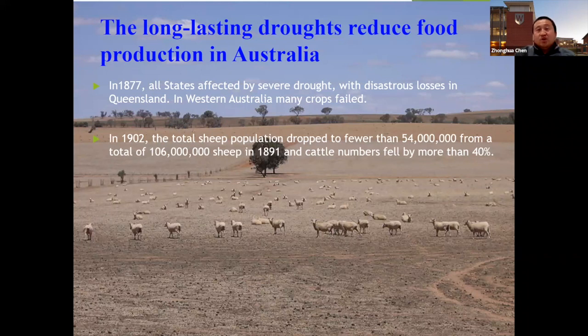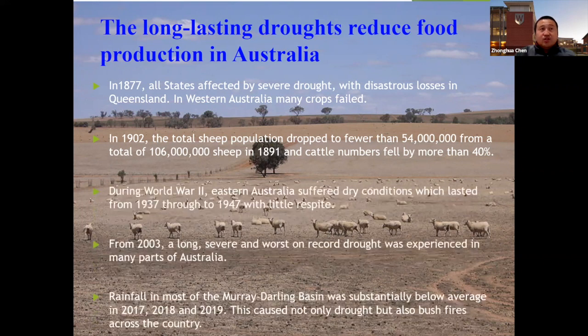Not long after that, in 1902, a lot of land and sheep were affected. So effectively, the production of animals and crops was severely affected. During the Second World War, Eastern Australia again suffered drought conditions that lasted almost 10 years.